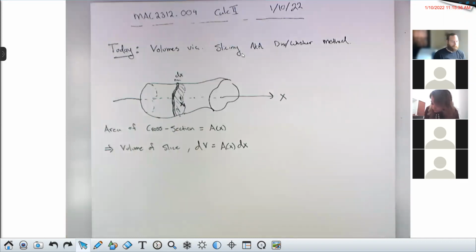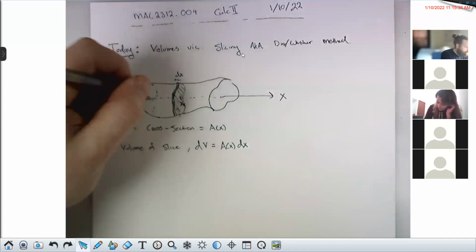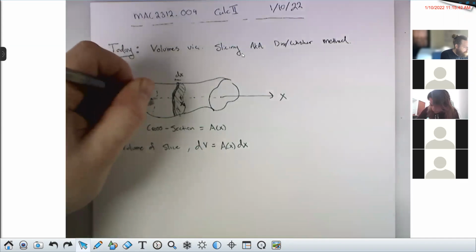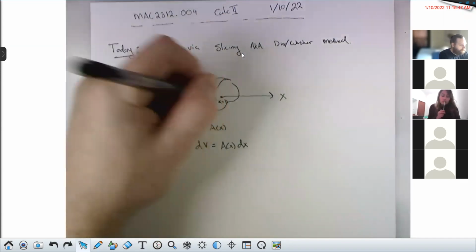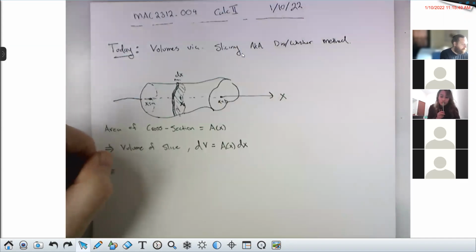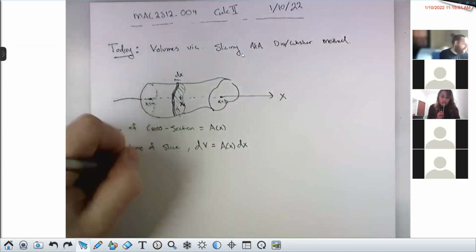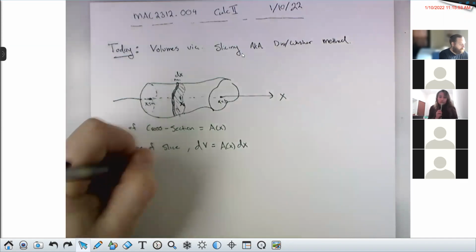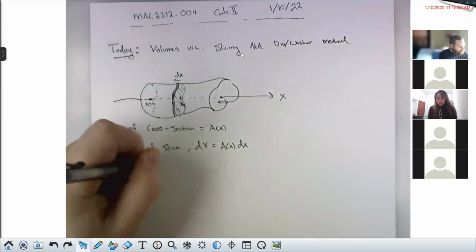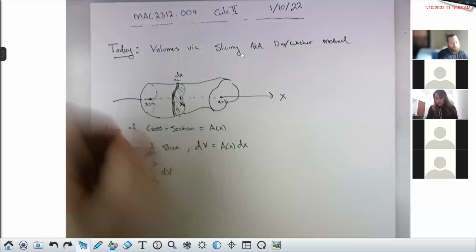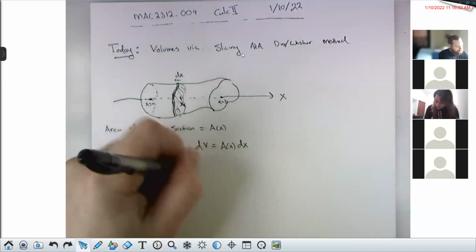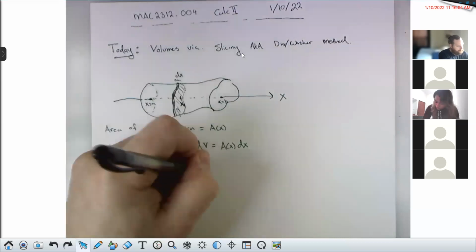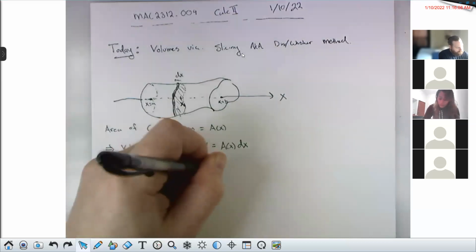And then if I can say that this whole object starts over here at x equals a and ends over here at x equals b, then this would tell us that the volume of the solid altogether would be the integral from a to b of dV, which is the integral from a to b of A of x dx.